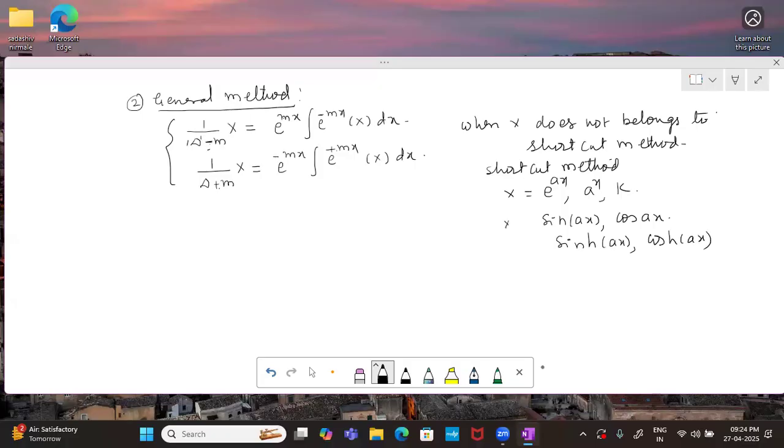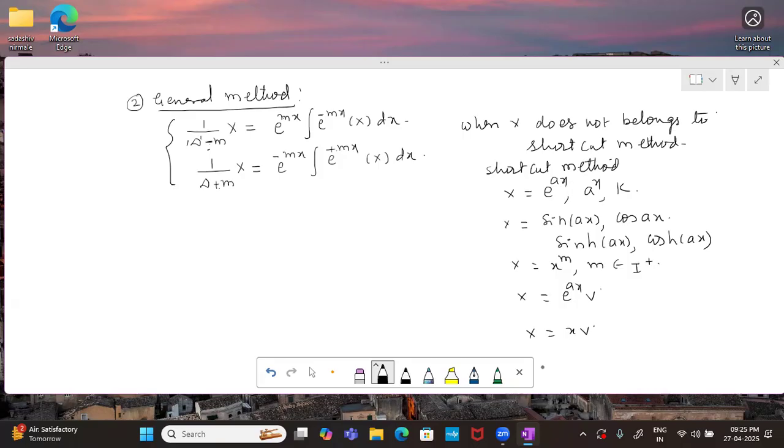Third, x to the power m, where m is a positive integer. The next X is e raised to ax into b, and the fifth is x into.